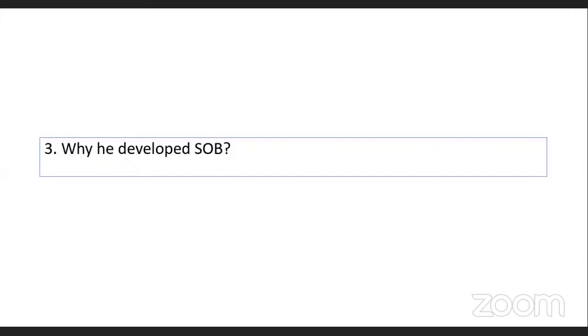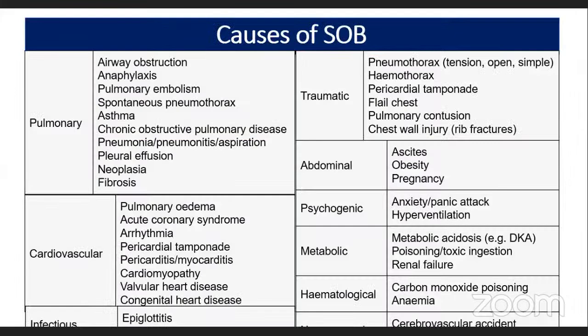Under the sun, any etiological factor can present as shortness of breath. There are so many causes. I could give 10 slides of how patients present with shortness of breath to the emergency department.